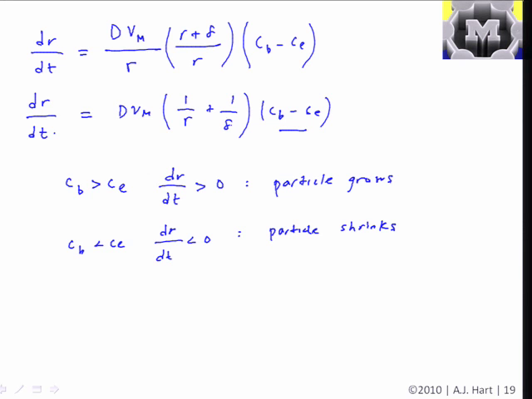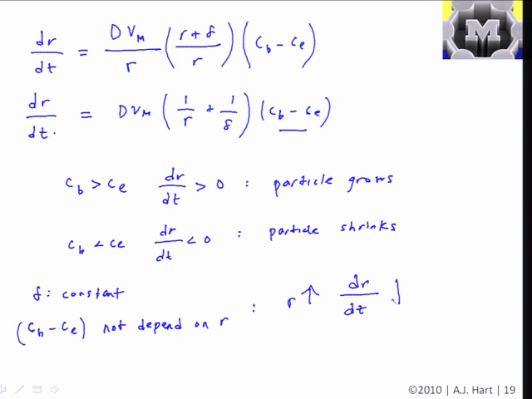It also says that if we assume that our diffusion layer delta is constant and that our difference CB minus CE does not depend on R, then as R increases, dR/dt decreases.